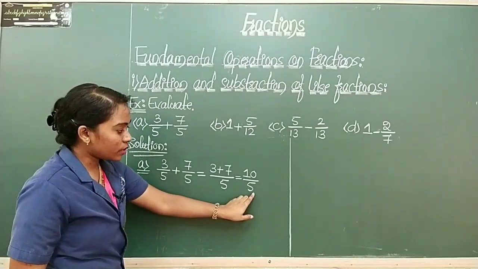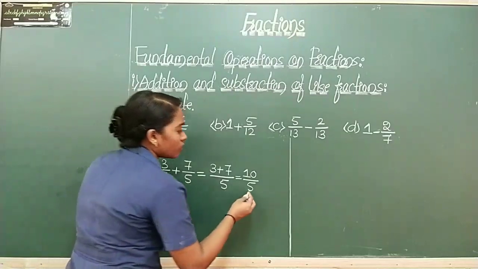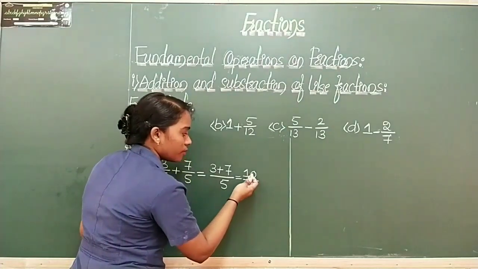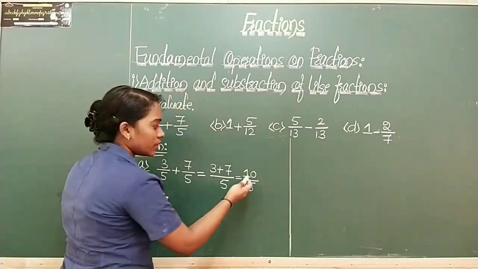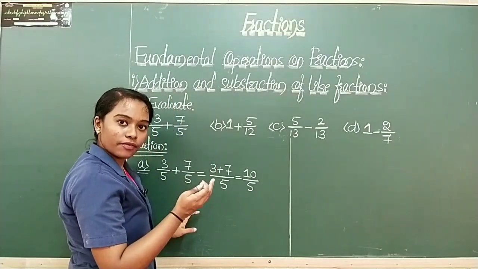Now you have to reduce it to lowest term. Now divide it. We can use 5 to divide 10 and 5 because 10 and 5 both are divisible by 5.